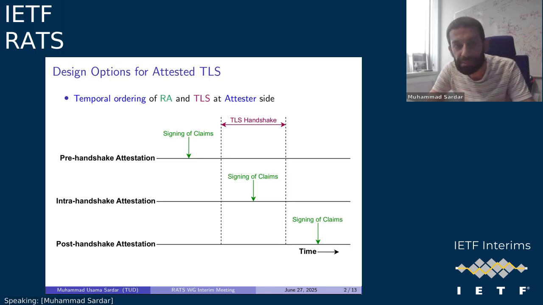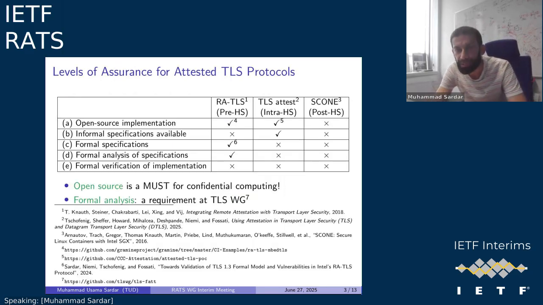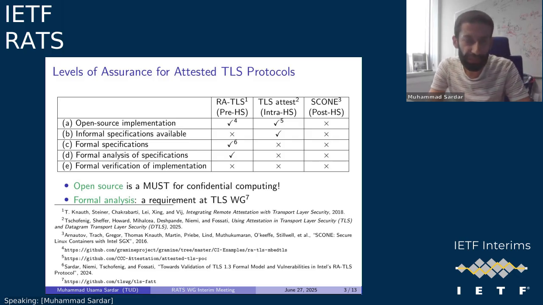Next slide, please. We have solutions for each of those pre, intra, and post in the industry, used for confidential computing. Specifically for pre-handshake, Intel's RATLS protocol is the first column. The second column describes the TLS attest internet draft, which was a proposed draft in the TLS working group.